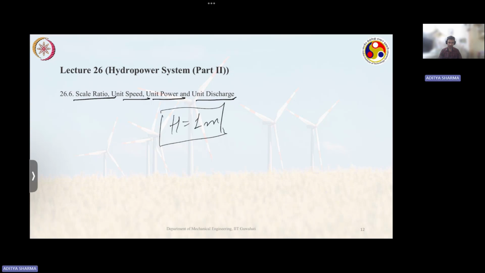What is H? H is your head. I hope you remember head: the height of water in the reservoir at your dam. So all the unit terms correspond to that.